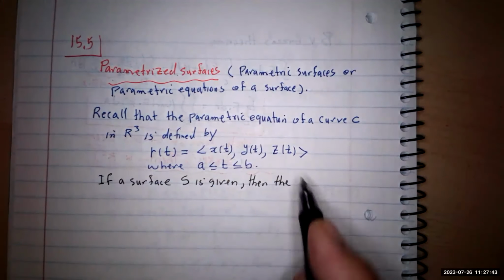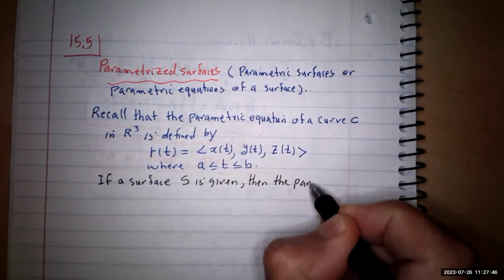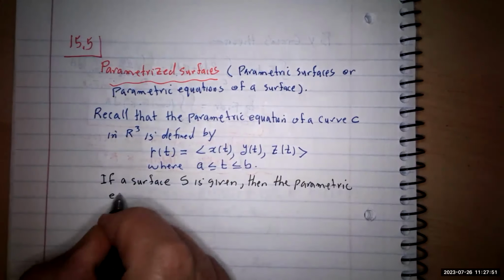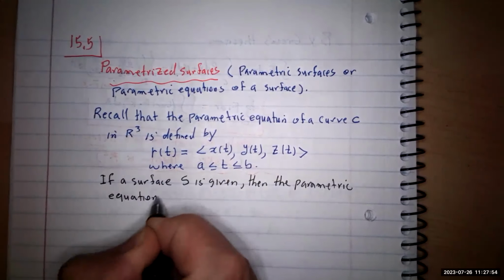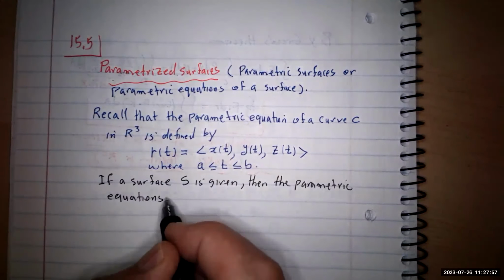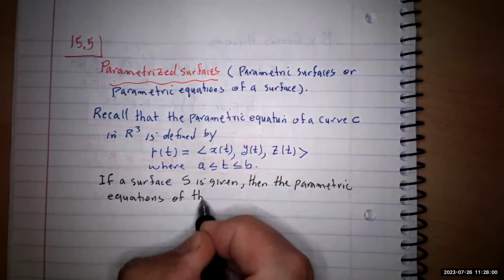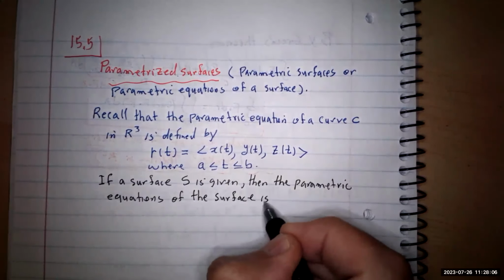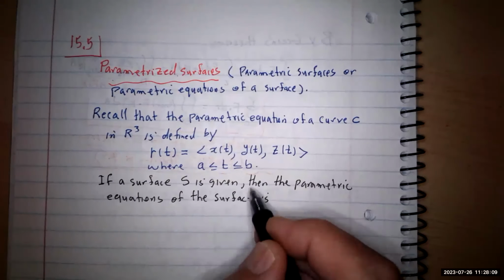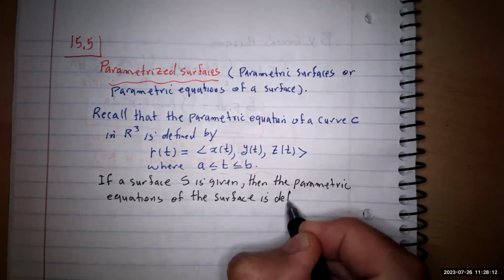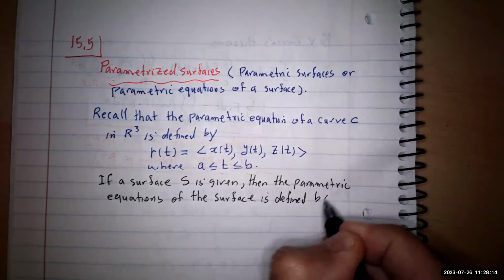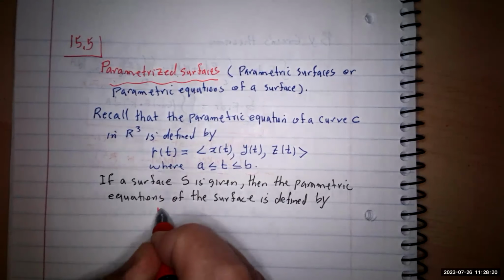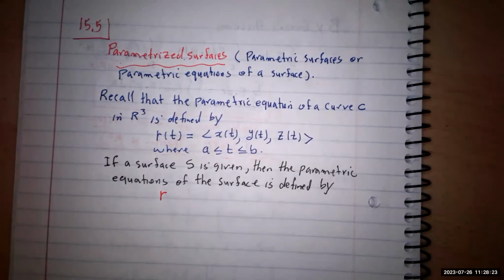If it's given, then the parametric equations of the surface are given by, exactly similar to this one. I'm going to use the R, but I need two parameters. I cannot do it with one.